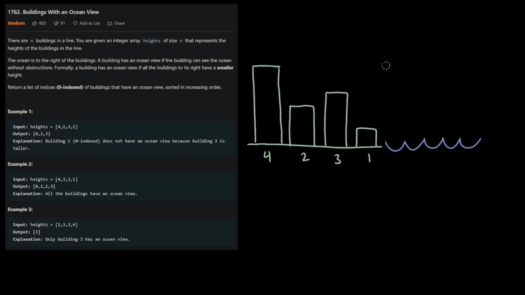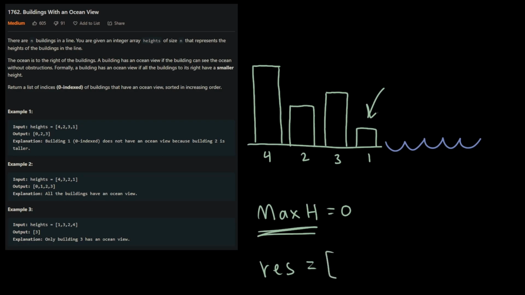Now, how do we do this in linear time? Well, what we can do is have a maximum height variable to track what our maximum height is at any given point of the array. So what we would do is start at the end, and we would see if the building height is greater than the max height or not, and we know that if it's greater, then there are no buildings in front of it that could block its ocean view, so we would add that to our resulting array of indices.